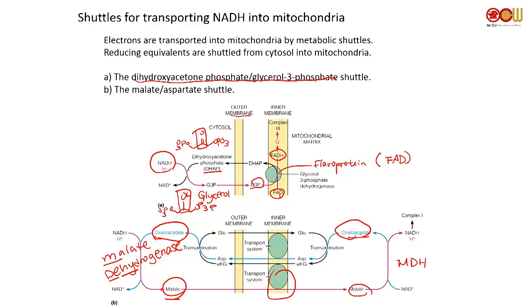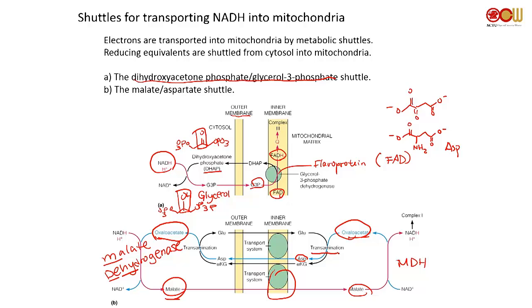Oxaloacetate, OAA, can do a transamination, becoming aspartic acid, or aspartate. So you do a transamination process, turning oxaloacetate into aspartate, and the aspartate can cross the membrane.